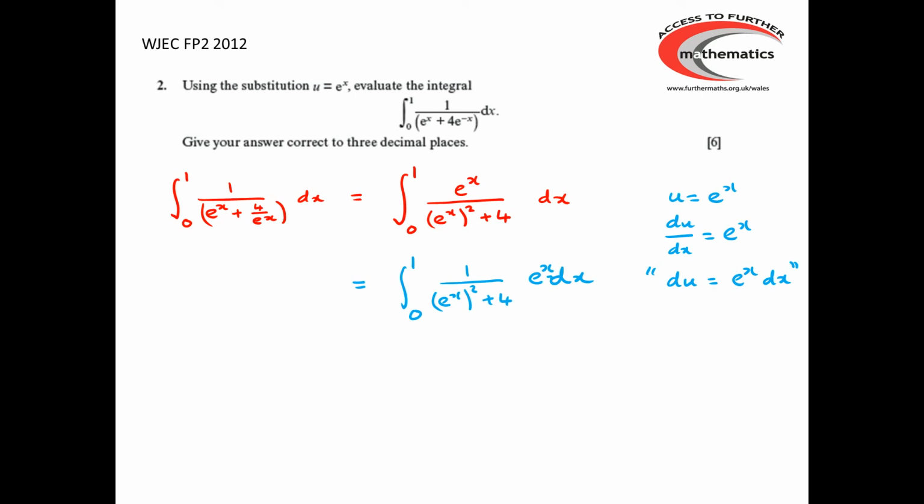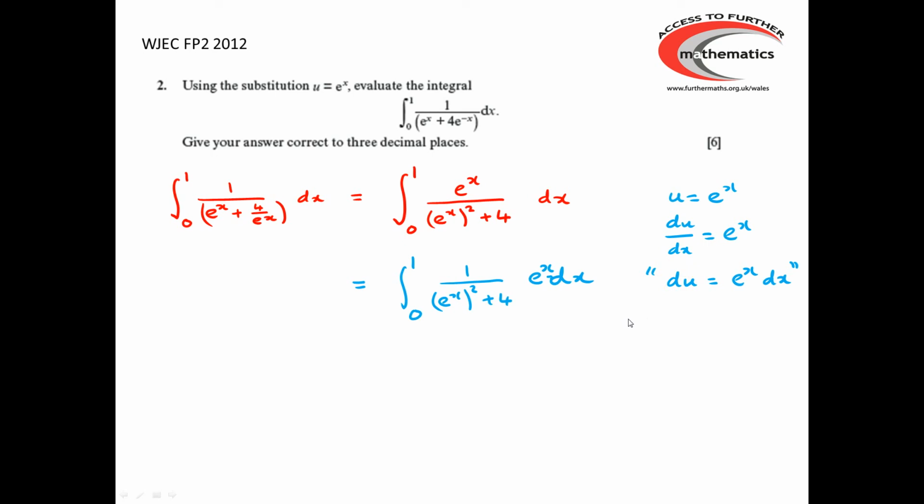So if we move the e to the x to put it together with the dx term, we've got e to the x dx there, and 1 over e to the x squared plus 4 at that point. The e to the x dx just becomes our du.